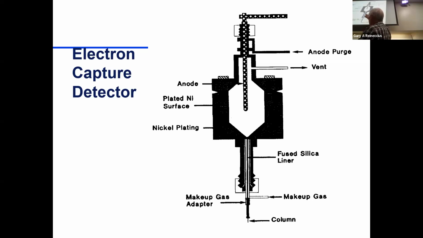All around that chamber is a coating that's giving off electrons. Those electrons get collected on the anode coming down there. So we've got this constant flow of electricity between the two. And when you put a compound in the system, it'll interfere with those ions. It'll absorb some of those ions.